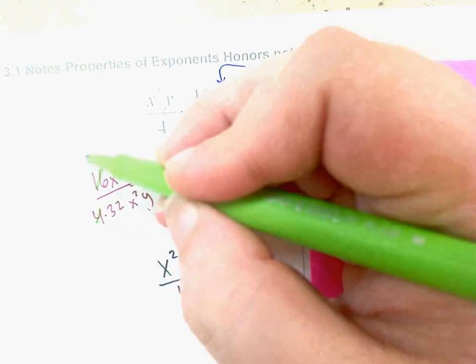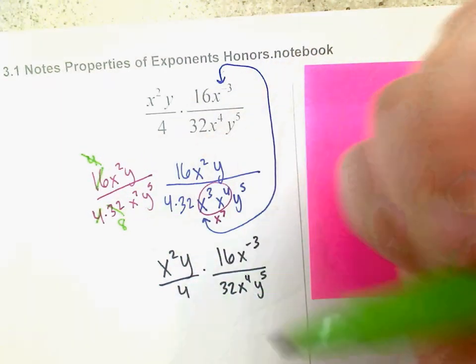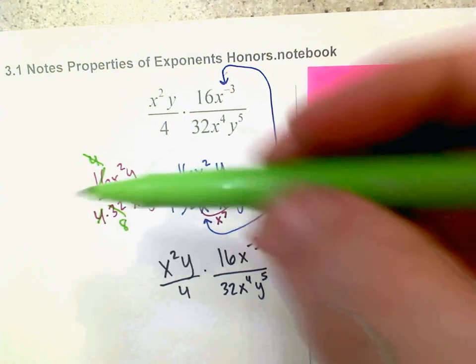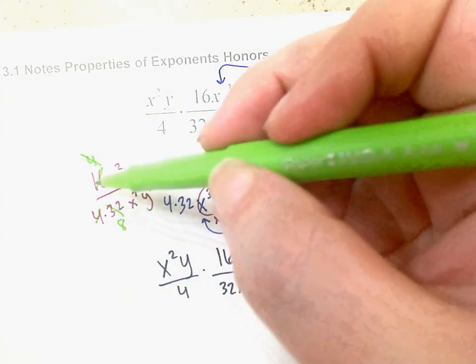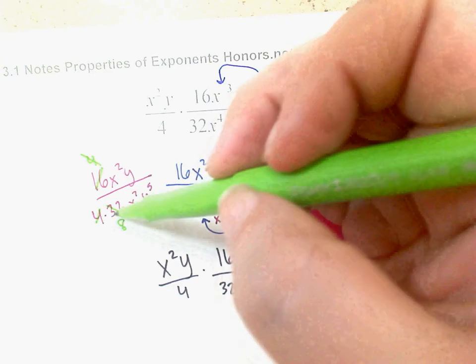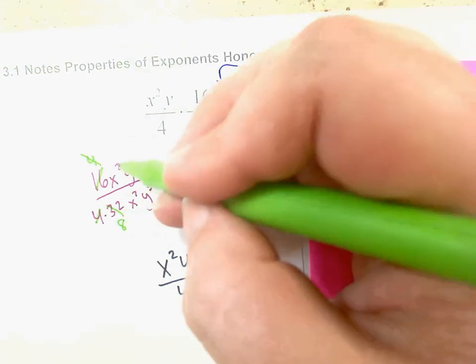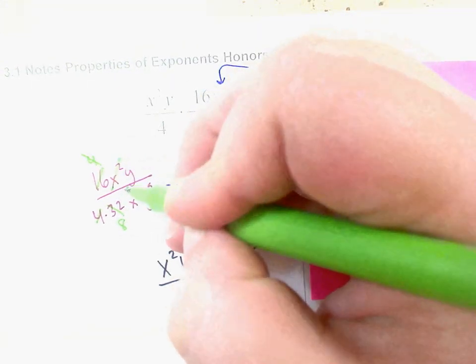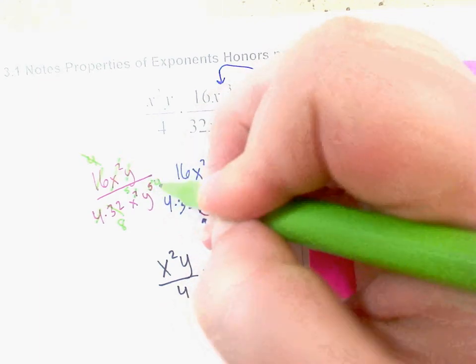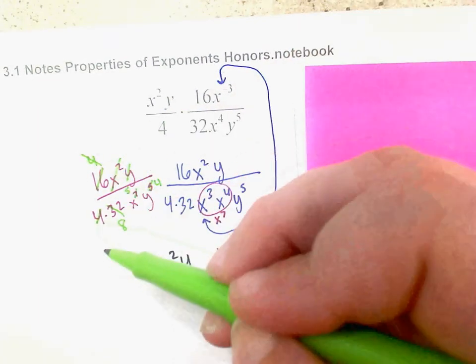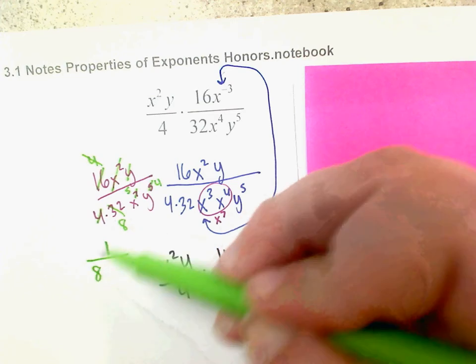And so that's a little bit easier way to do it. Another way would be 16 divided by 32 is 1/2. 16 goes into 32 2 times, and 2 times 4 is 8. Either way, you'll get there. 2 of those cancel out with 2 of those, leave me with 5, and 1 of those cancels out with 1 of those, leave me with 4. So everything simplifies in the numerator, leave me with 1. I've got an 8, x to the 5th, and y to the 4th.